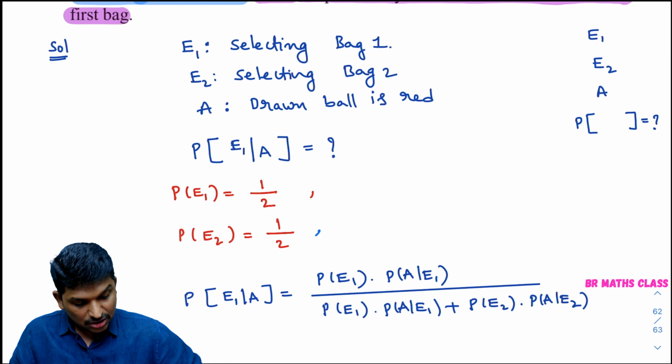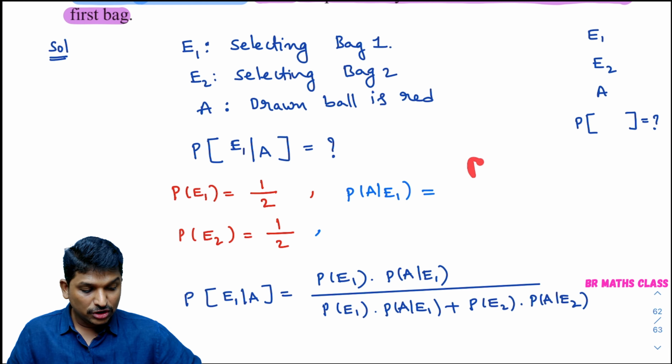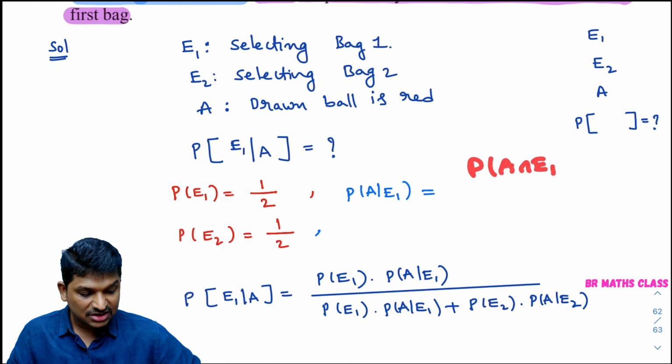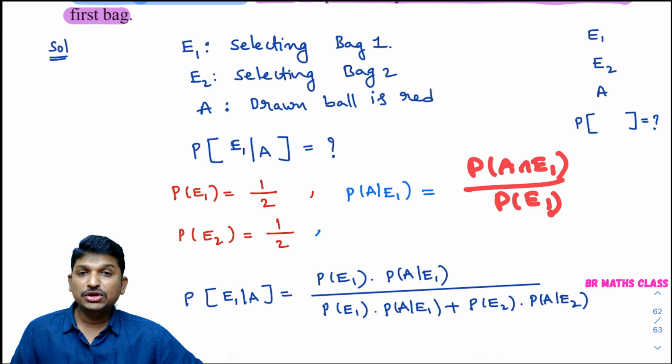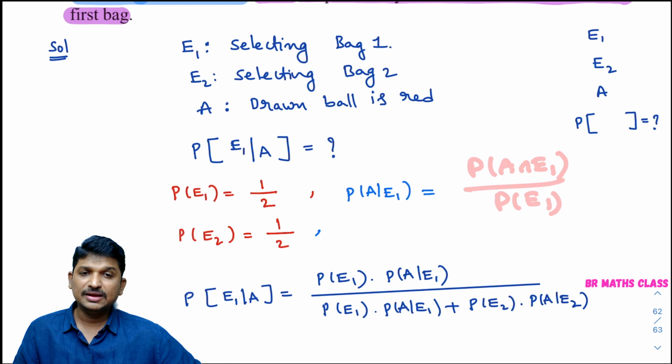Okay. Probability of A by E1. See, I said conditional probability knowledge is needed. I'll write the direct answer here. I am not going to use probability of A intersection E1 divided by probability of E1, I am not going to use the conditional probability formula. But based on the knowledge I have of conditional probability, I am going to write the answer directly.